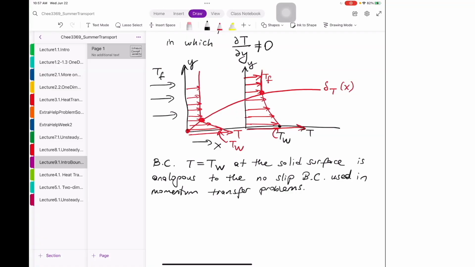So whatever you have as a temperature in heat transfer, you have velocity in the momentum transfer. So the velocity is fixed for momentum transfer problems. It's 0. But the surface temperature condition T is equal to T wall. T is not 0, but T minus T wall is 0. So you can actually make it look like the same boundary condition as the no slip boundary condition by changing the variable. Okay. So so far so good.